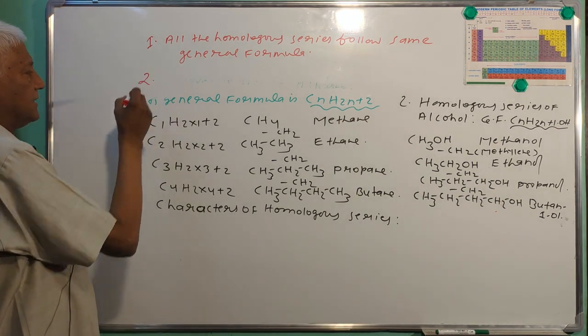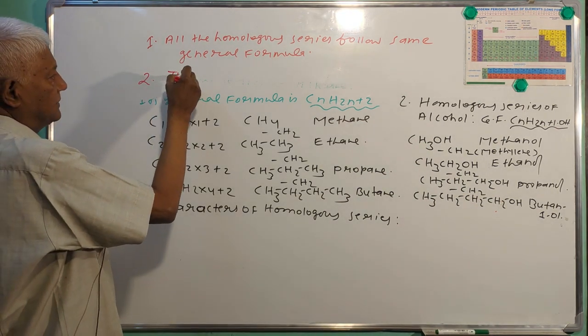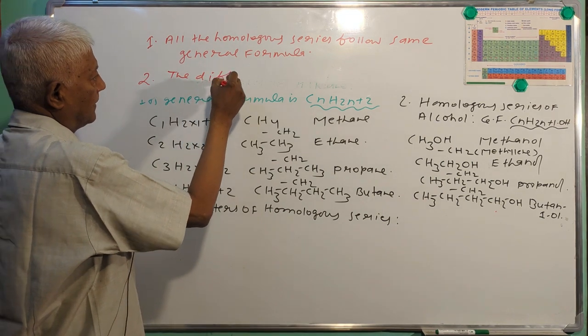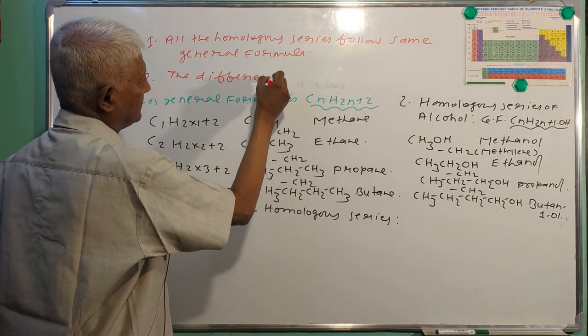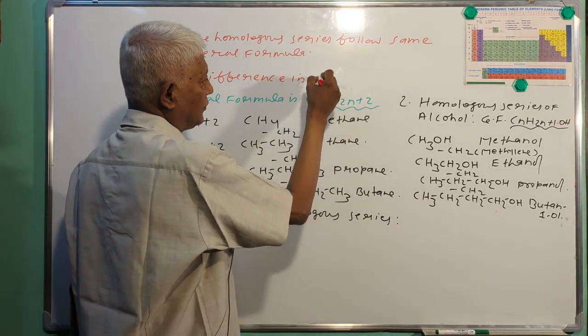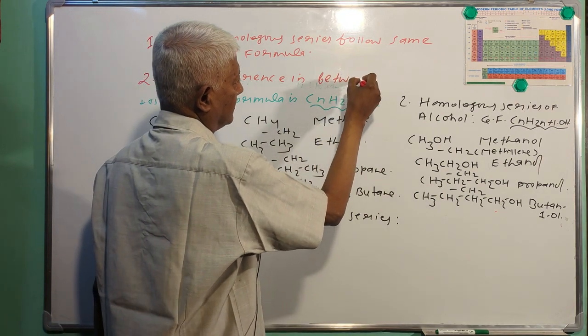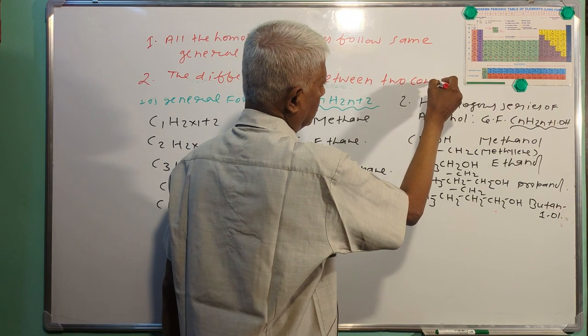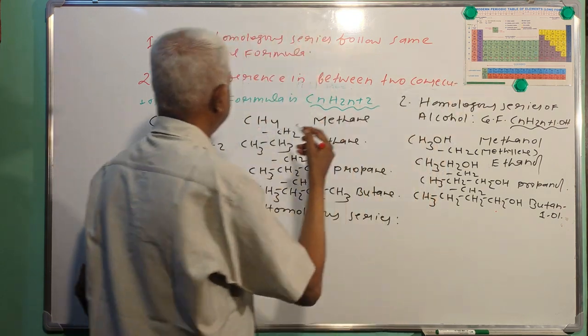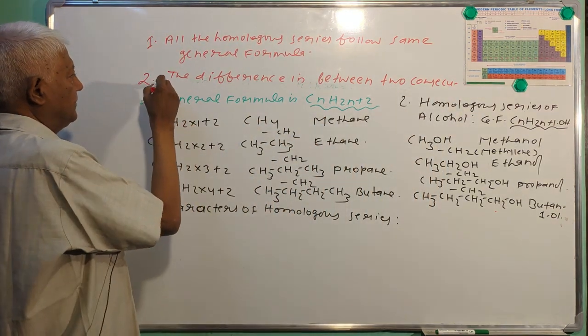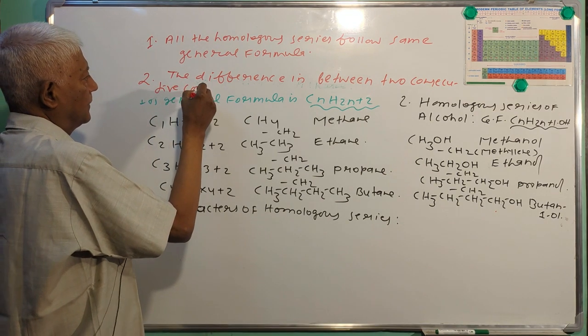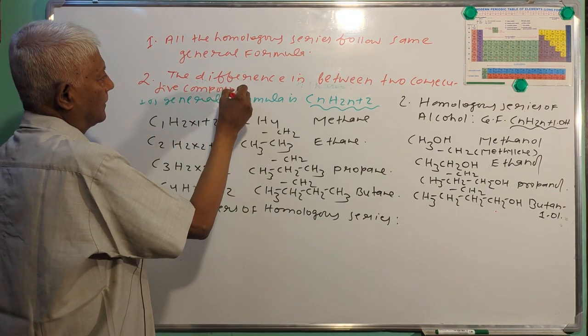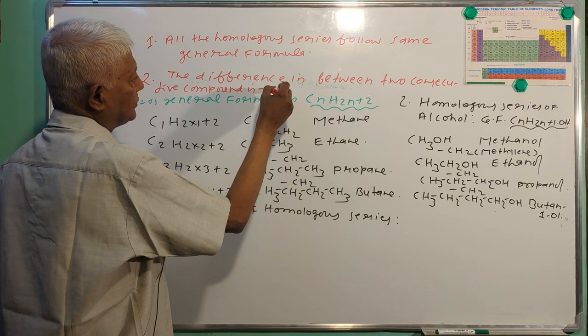Now the second character is the difference between two consecutive compounds is CH2.